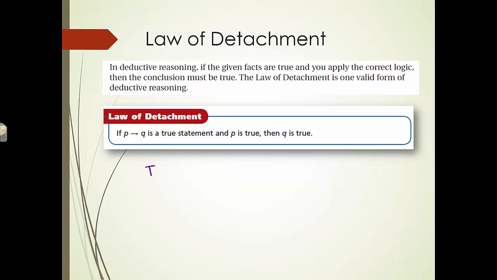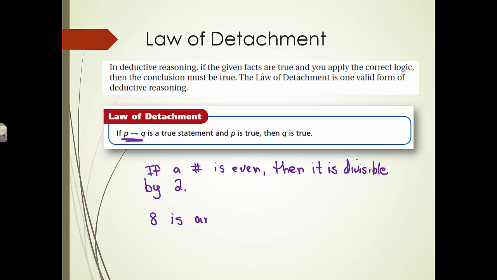So if I say, if a number is even, then it is divisible by 2. Okay, so that is my if P then Q. Then I tell you that 8 is an even number.